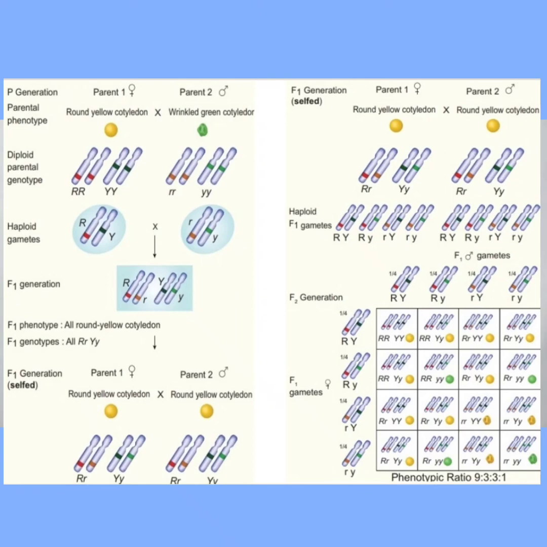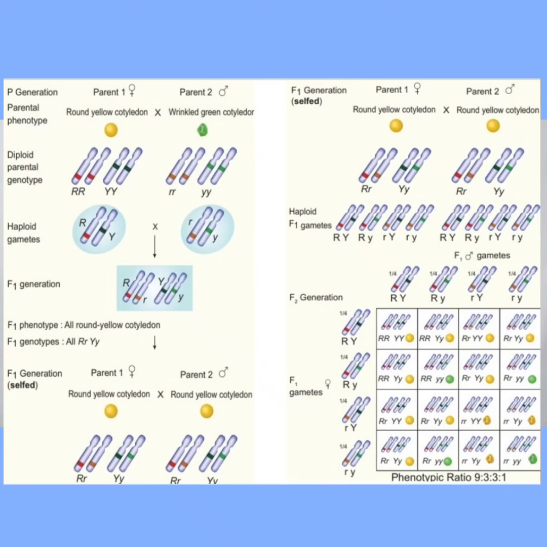For example, capital RY and capital RY will produce capital RR and capital YY. Similarly, capital R, capital Y with capital R and small y will produce capital RR, capital Y, small y.